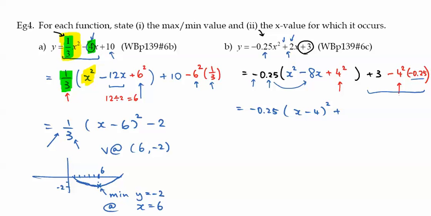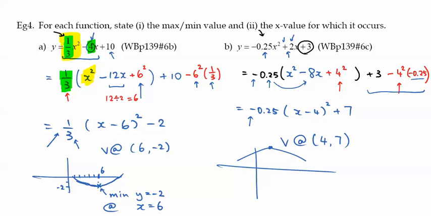So 3 plus 4 gives us 7. And that means I will see my vertex at 4 and 7. With a parabola that opens downward, I will see a parabola that is approximately here, opening down, giving us a maximum. We will see this as a maximum point with y equals 7, and it happens when x equals 4.